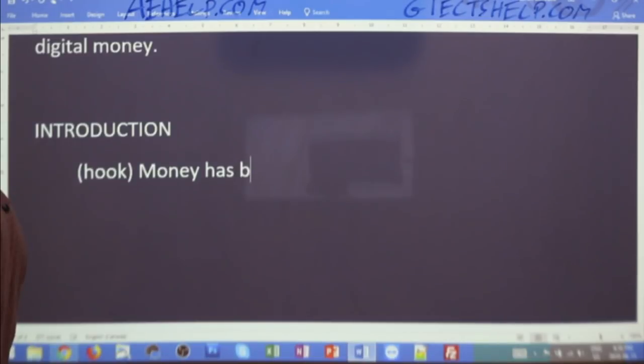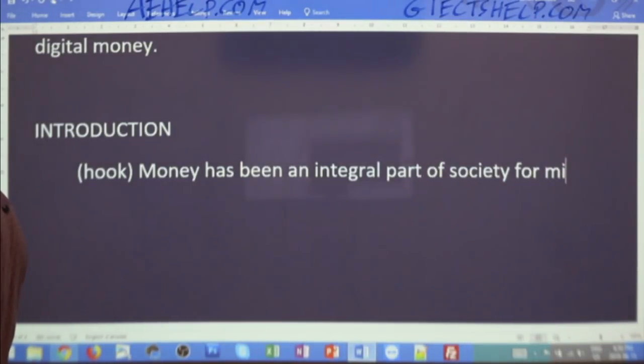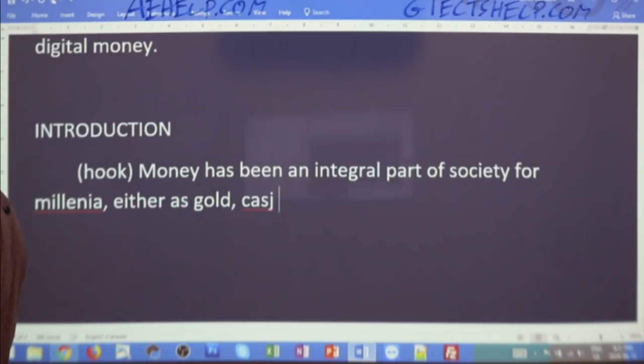Money has been an integral part of society for millennia, either as gold, cash, or digital currency. That wouldn't make sense because it's millennia, right?